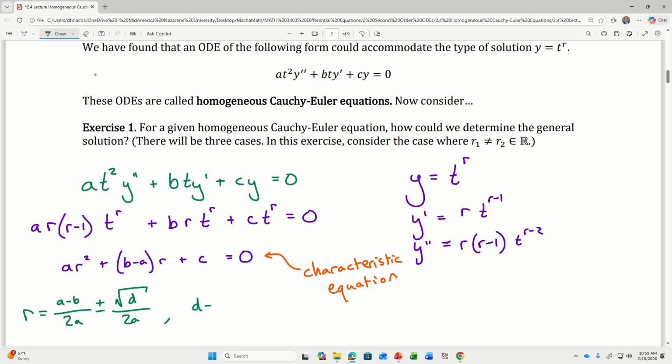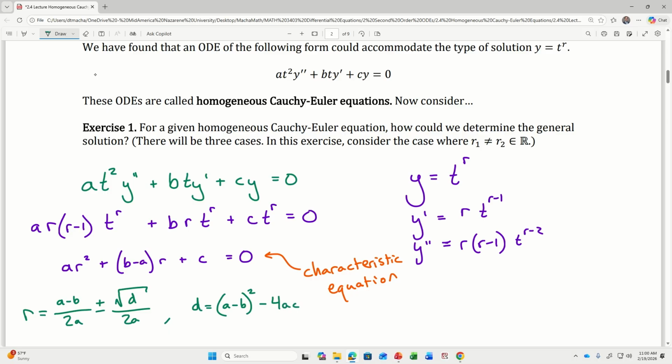And my discriminant is usually b squared minus 4ac. But this time it's going to be b minus a squared minus 4ac. And b minus a is the same thing as a minus b, only I like alphabetical order.